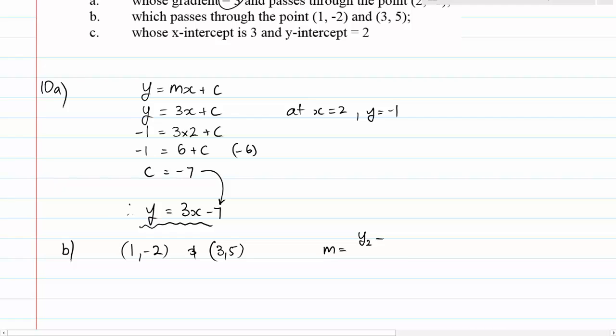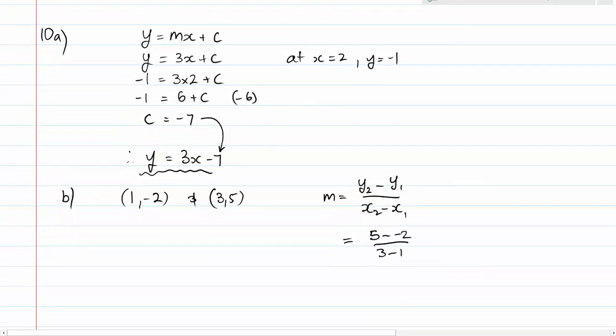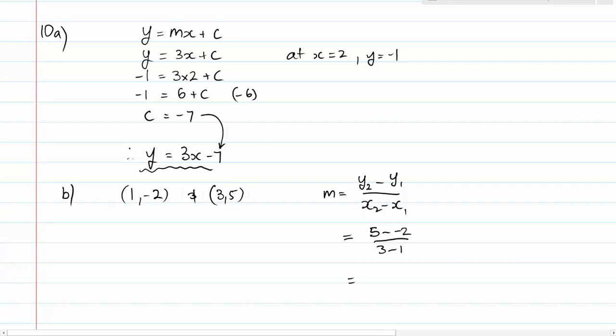I could sketch the diagram, or I can use this function here, y2 minus y1 over x2 minus x1, and that's equal to 5 minus -2 over 3 minus 1, and that is equal to 7 over 2, or 3.5.